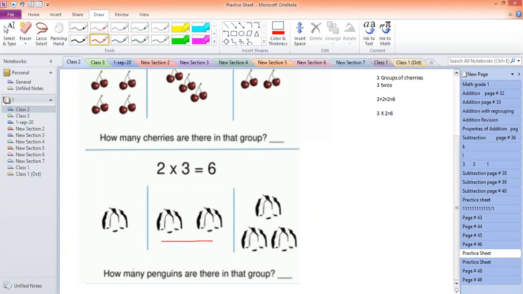This is one group. Look here. 1, 2, 3. This is one group. How many groups are there of penguins? If you don't know, I will take one more student.